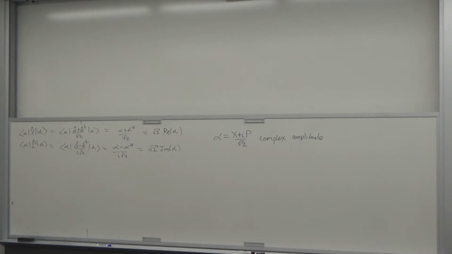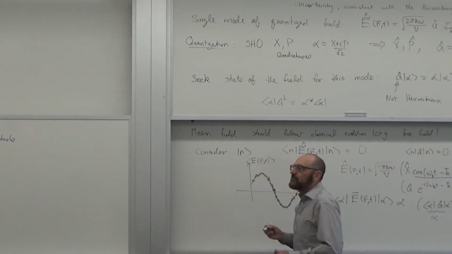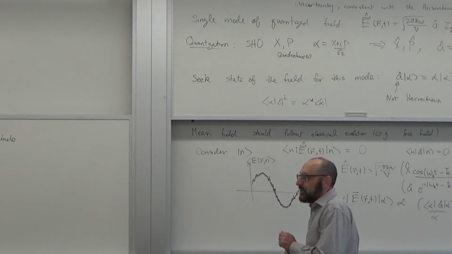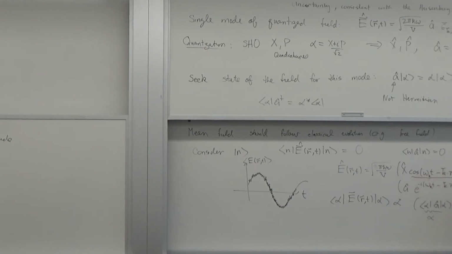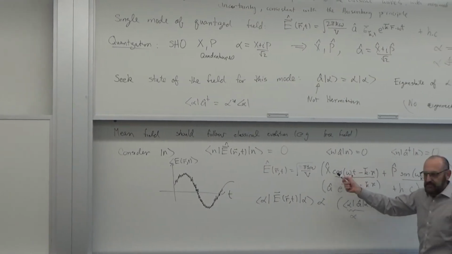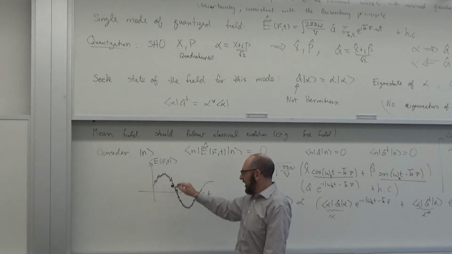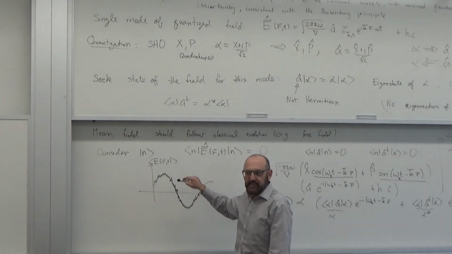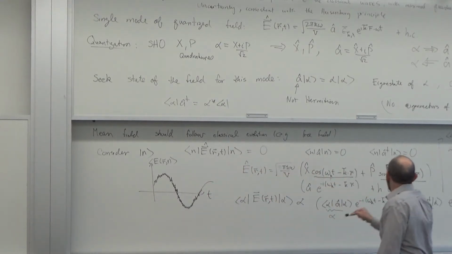If I were to measure the electric field, I wouldn't get a definite answer, because I can't have this be simultaneously an eigenstate of x and p. If it was simultaneously an eigenstate of x and p, well, then I would have both quadratures at any time, and it would be some definite thing. But this is the best compromise.